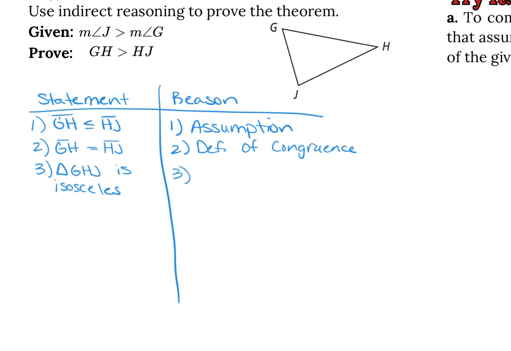And if the triangle is isosceles, we're proving that by definition of isosceles. Okay, and if we have an isosceles triangle, then the measure of angle J would have to equal the measure of angle G, which would be true by the isosceles theorem.